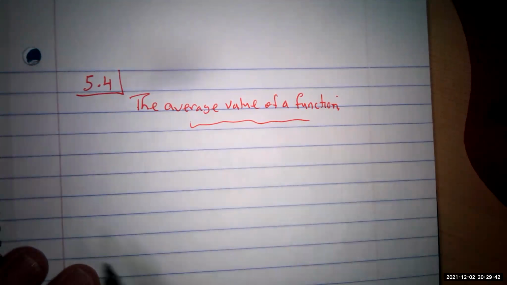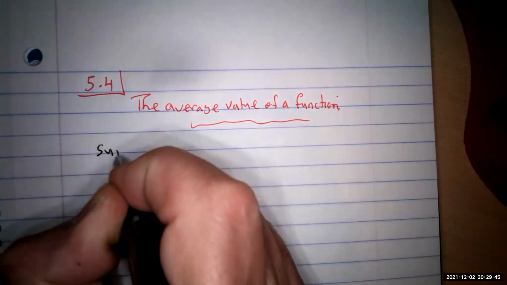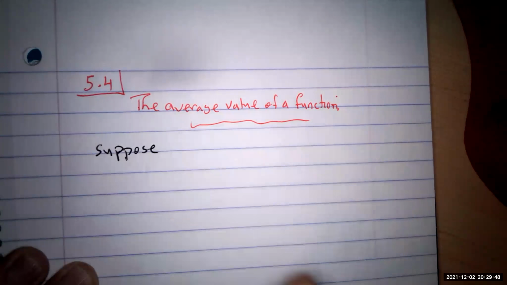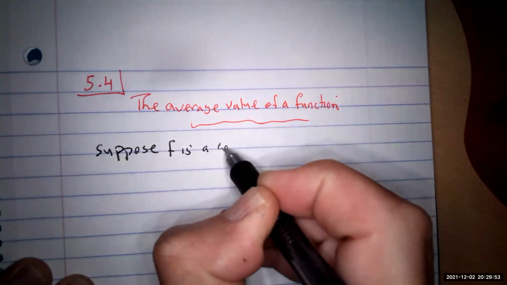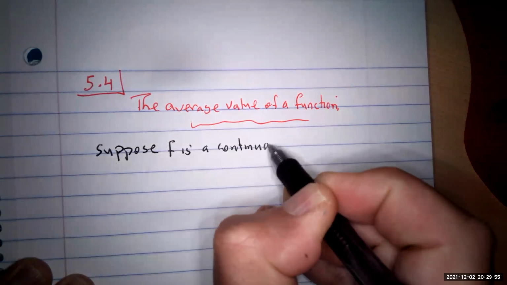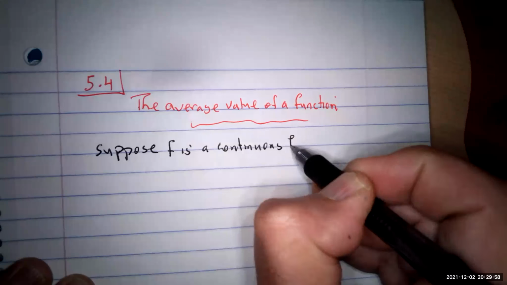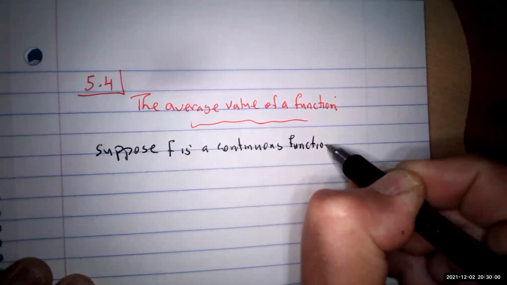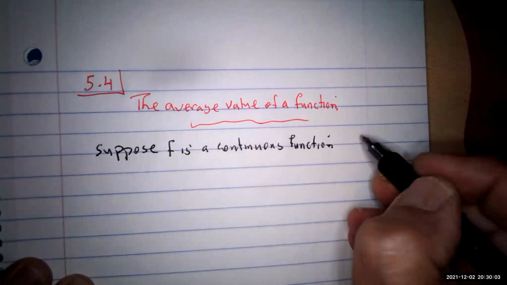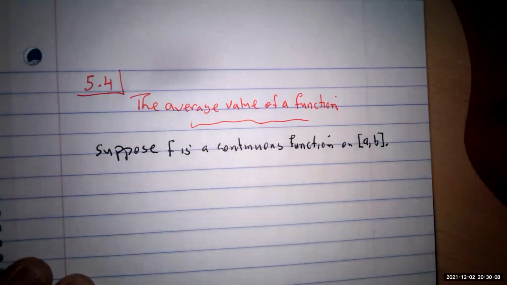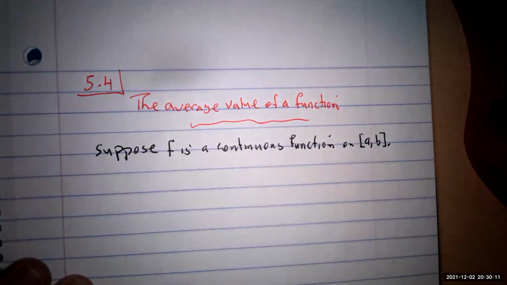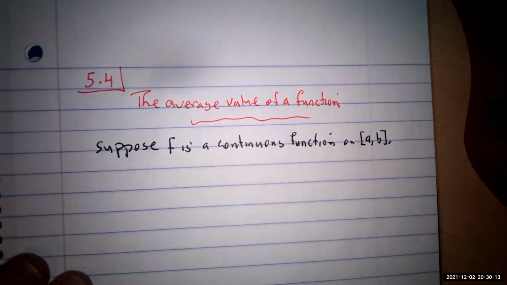So suppose a function is given to you, suppose f is a continuous function on a closed interval, on the closed interval of a comma b. If this is the function, the range of this function means the values of this function for x between a and b.